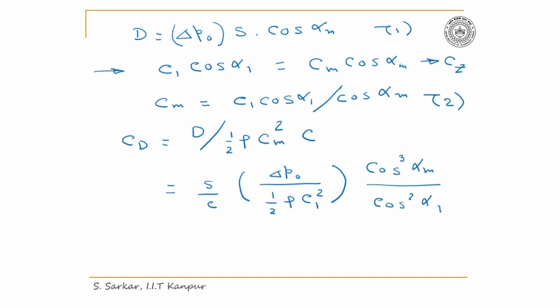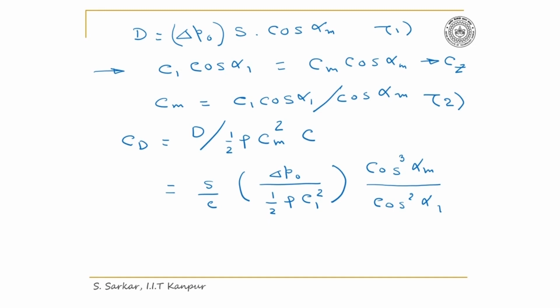Now I have expressed CD in terms of del P0 and C1, and thus the quantities like cos alpha m and cos alpha 1 would come. Now if you see the expression of CD, all quantities are known to you. Thus you can evaluate CD.